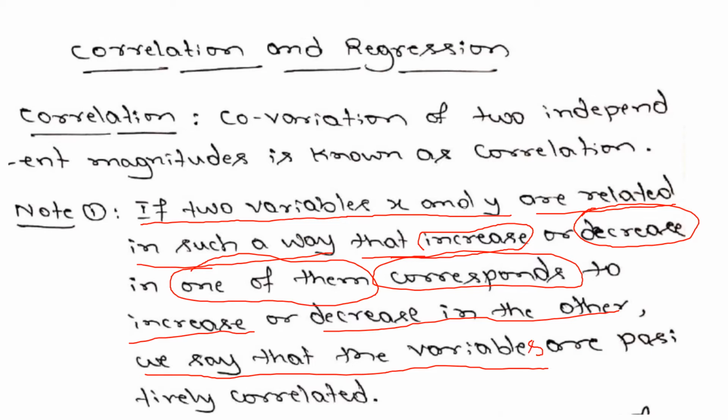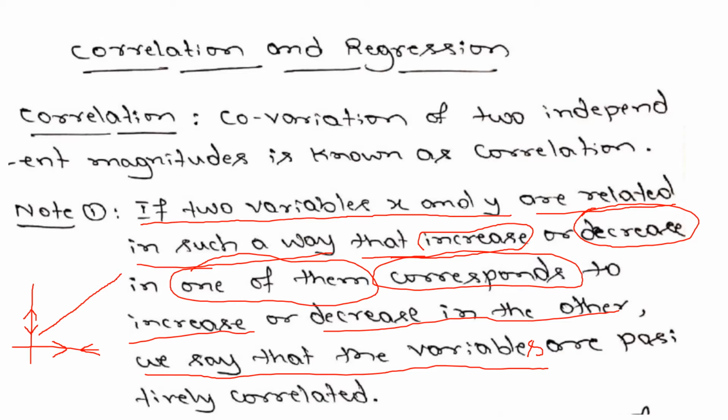That means if x increases, then the value of y also increases, then in that case it is positively correlated. Or if x decreases, then y also decreases, then also it is called positively correlated.